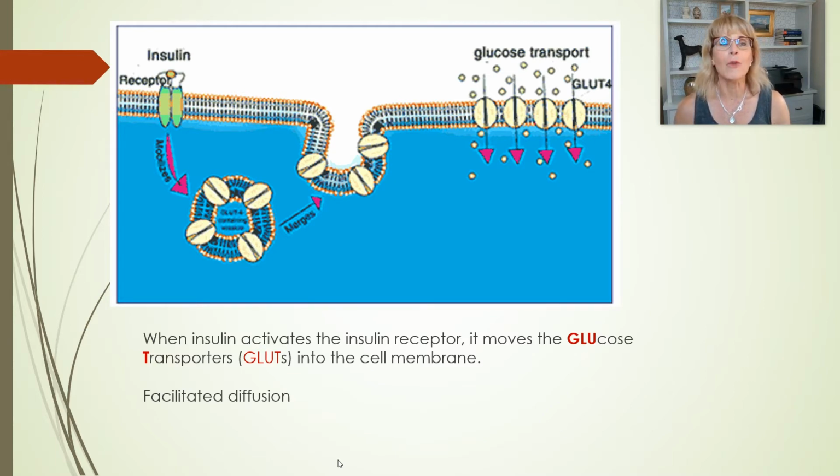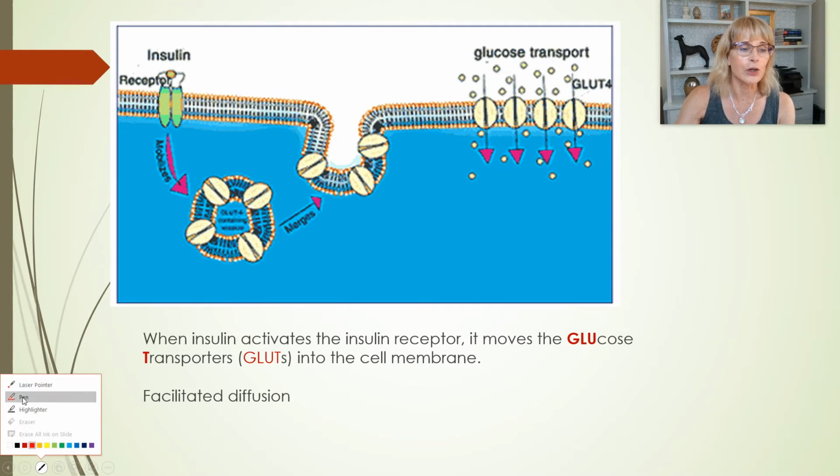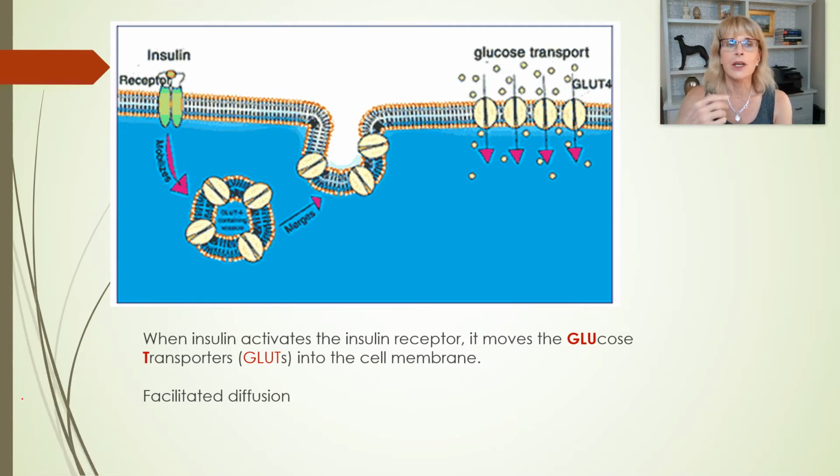And you know now why insulin is important for cells. If insulin is around and if the insulin receptor is working, then when there's lots of sugar in the bloodstream, it'll cause the release of insulin. Insulin will talk to this receptor. This receptor will cause this cell by second messengers to put glucose transport proteins up into the cell membrane.